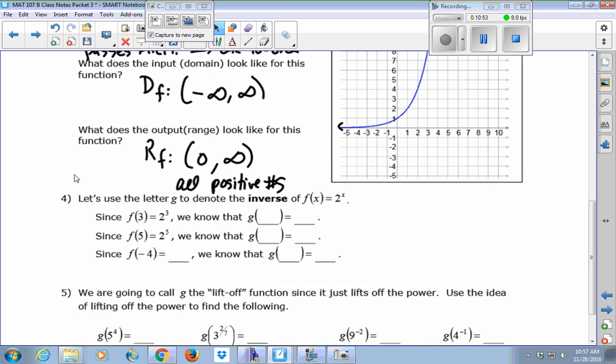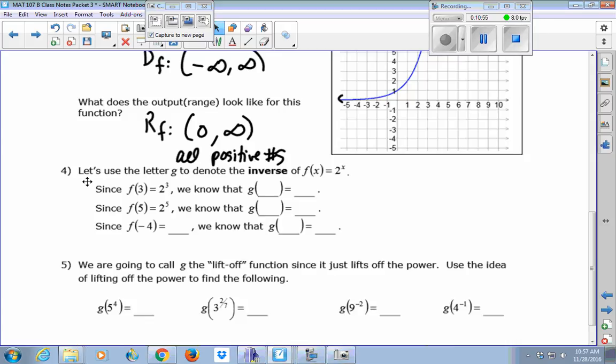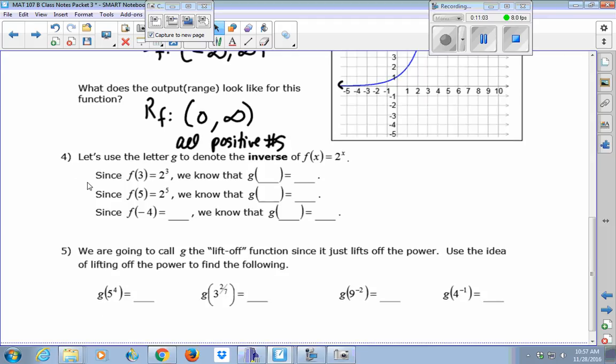Okay. All right, so we don't know yet how to undo exponentiation. So let's just call the inverse function of 2 to the x, we're going to call it g instead of f inverse. You know how that can get confusing with all those negative scripts and stuff. So we're going to use the letter g to denote the inverse of this function. Again, we don't know what it's called, we don't know what it is, but at least we can play around with it.